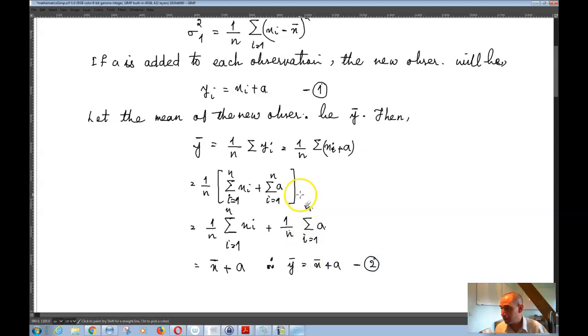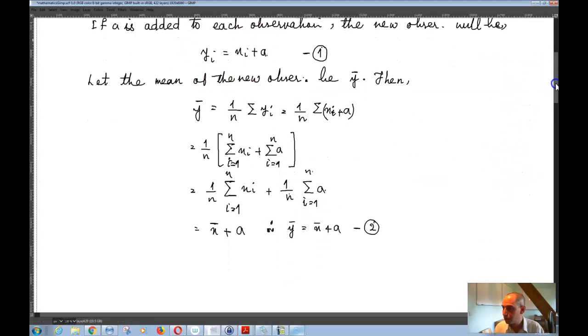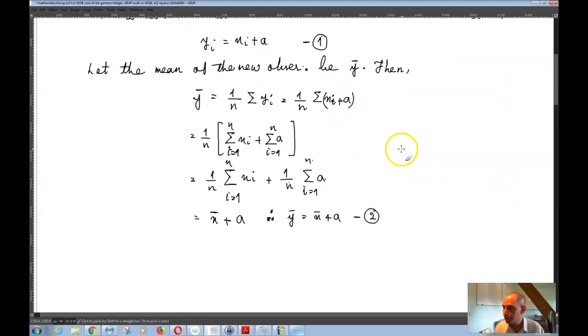Thus the variance of the new observations. Now what we have done is that we have calculated basically y of i and y bar in terms of x of i, and then we can now calculate the new variance, the variance of the new observations.